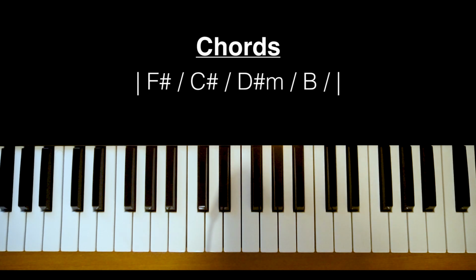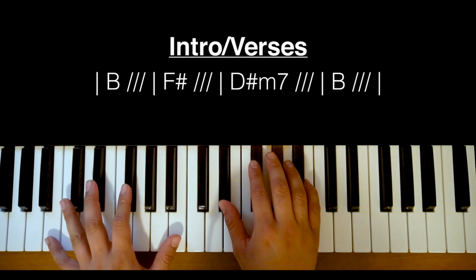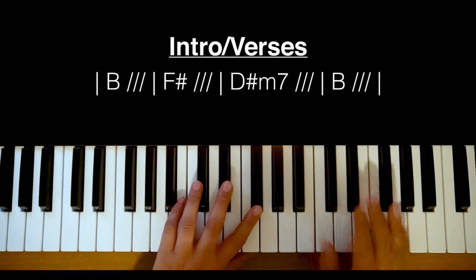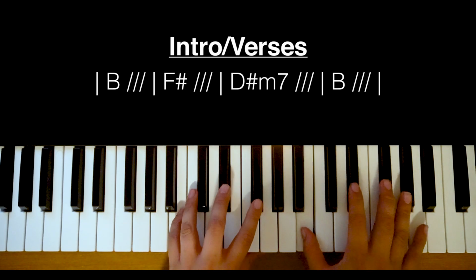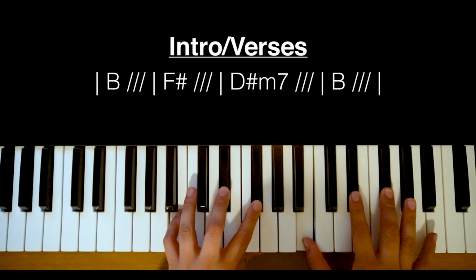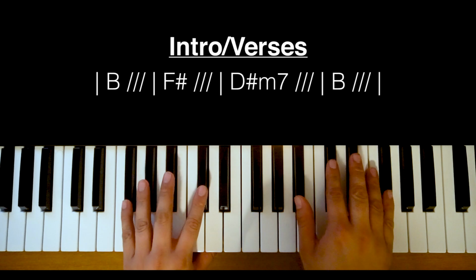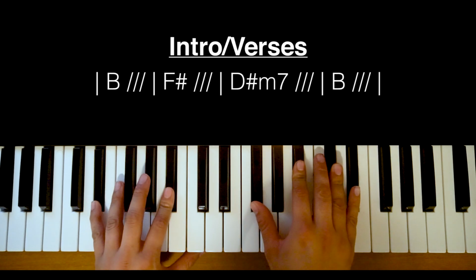So, moving on. Okay, the intro starts like this. It's a 4 bar intro. The first chord is this B natural, this B chord, on the first measure. Second measure is an F sharp major. Third measure is a D sharp minor.